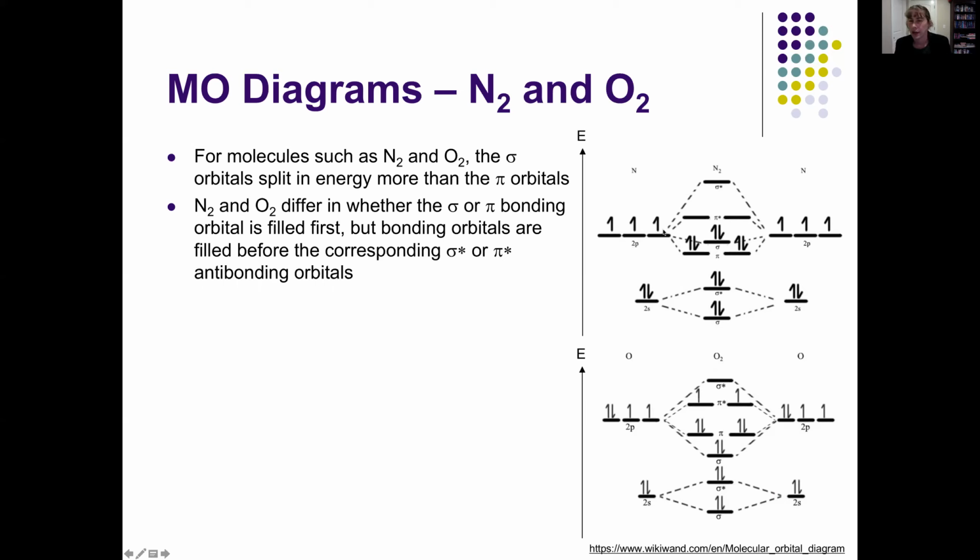We have 3 electrons in each of the p orbitals for each of the nitrogens. And so then we have 6 total electrons that go in and fill up the pi and the sigma, but it leaves these completely unfilled. We end up with a bond order of 3, because we've got these 3 more bonding orbitals filled than we have anti-bonding orbitals filled.